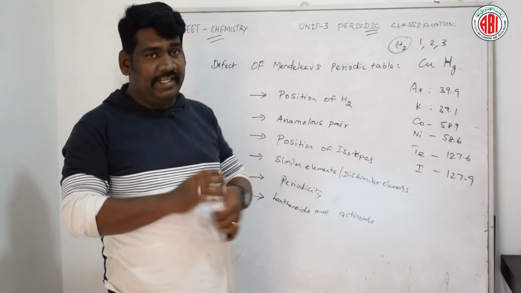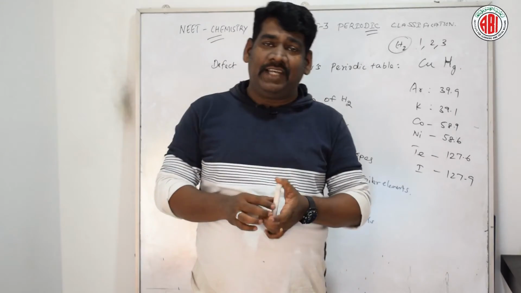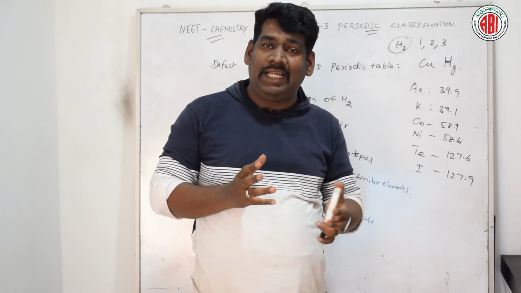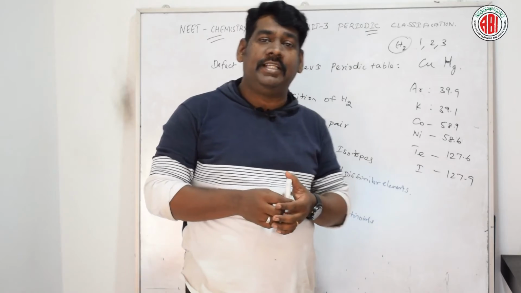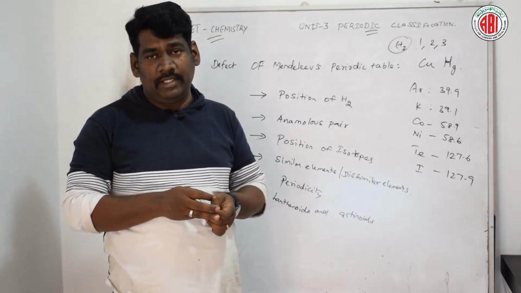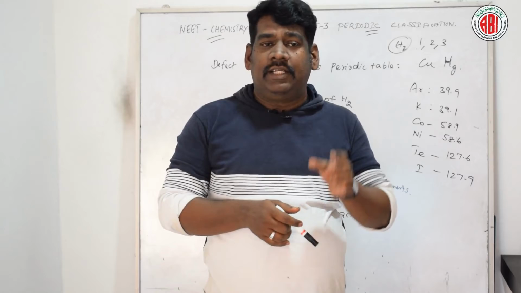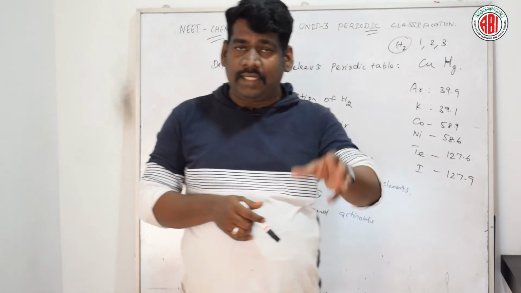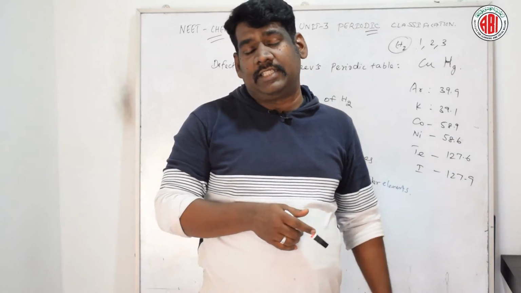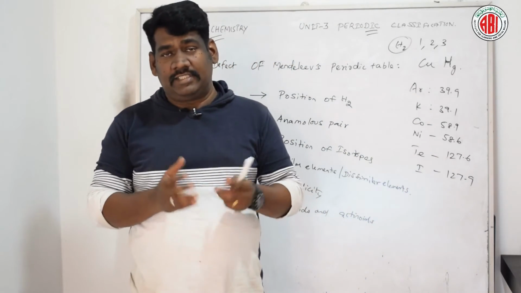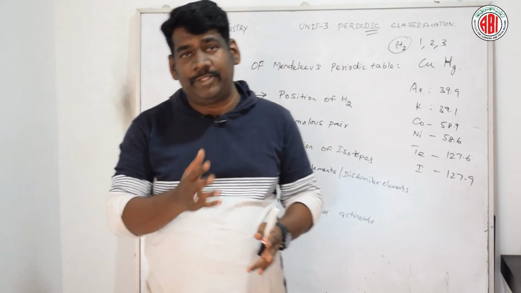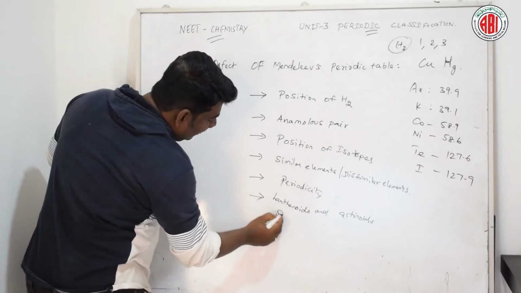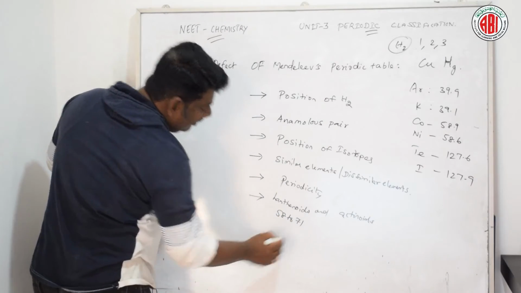The 14 elements following lanthanum are called lanthanides, starting from atomic number 58 to 71.